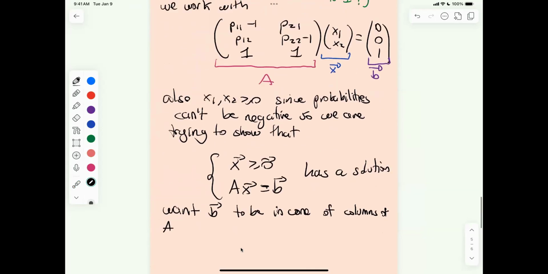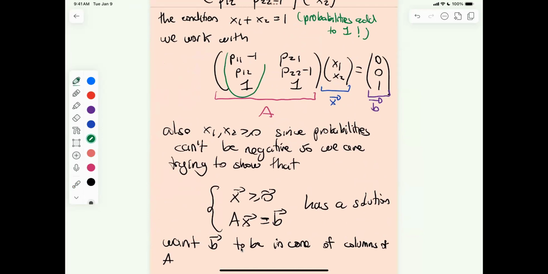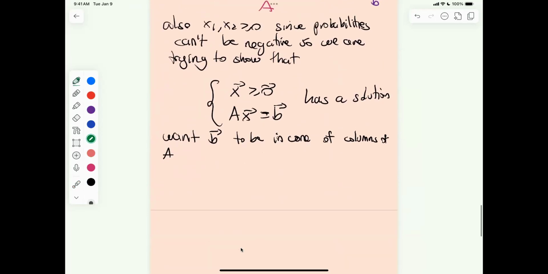Let's call these columns A1 and A2. This is the first column, this is the second column, and this is how the cone looks.